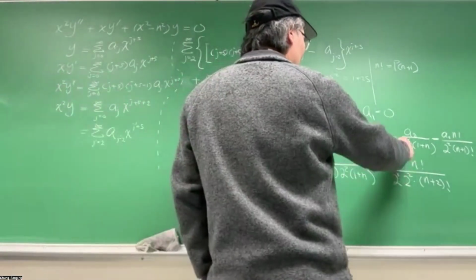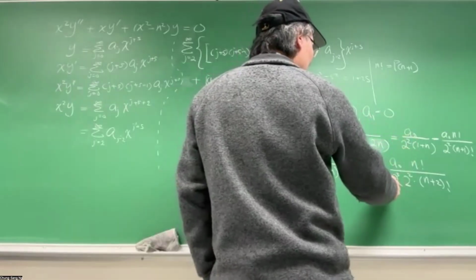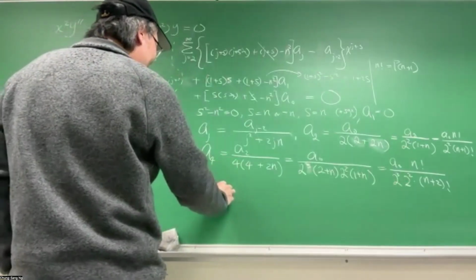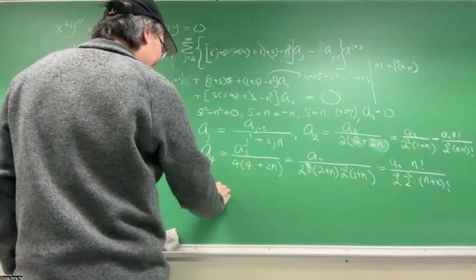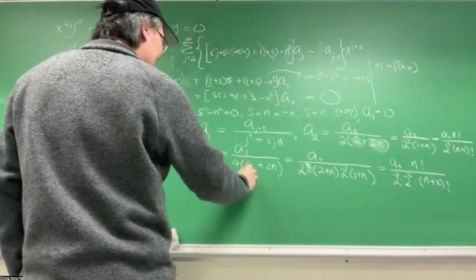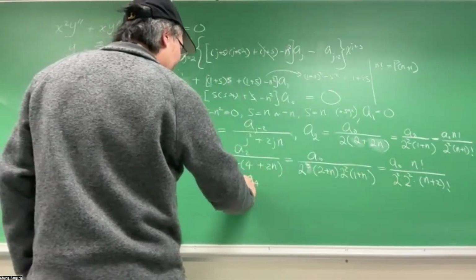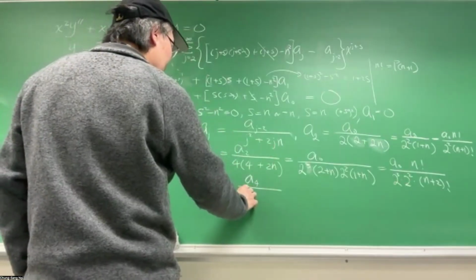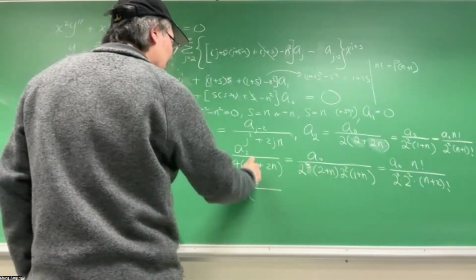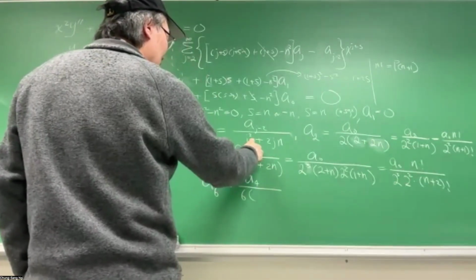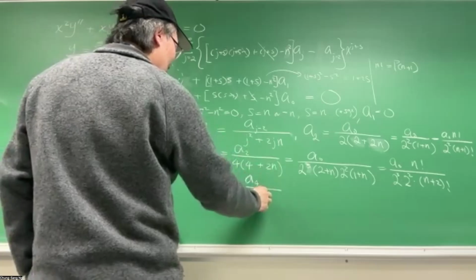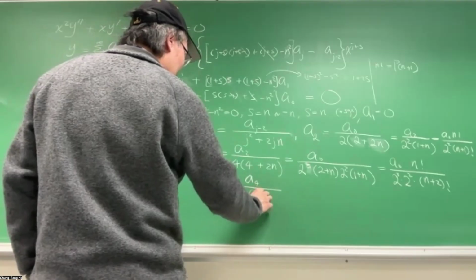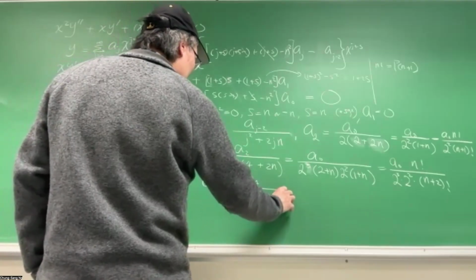So you have 2 to the 2, and let's also do one more factor. A sub 6 from a sub 4. Again, you get the j out. J out is 6, right? 6, and then j plus 2n. J plus 2n is 6 plus 2n. You can write it like 2 times 3 plus n.